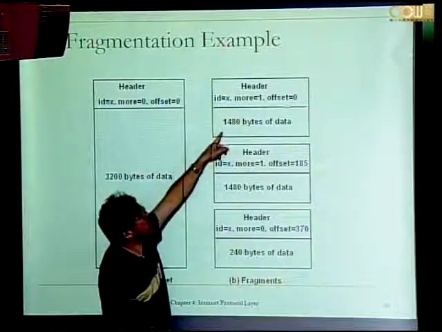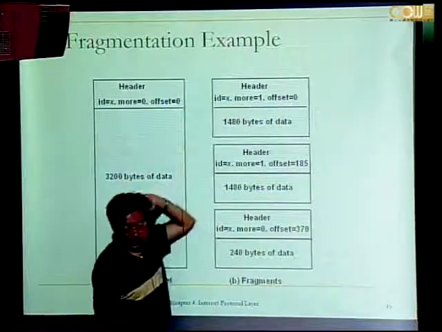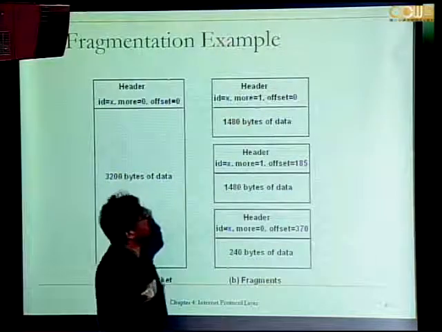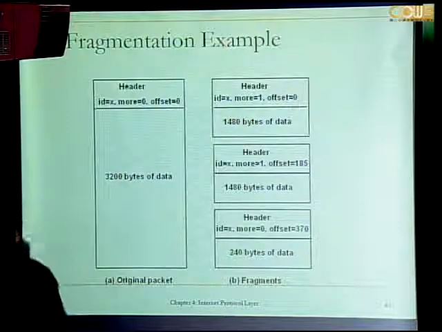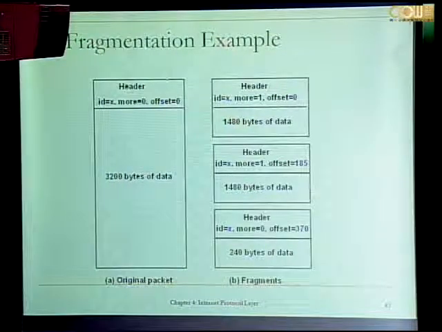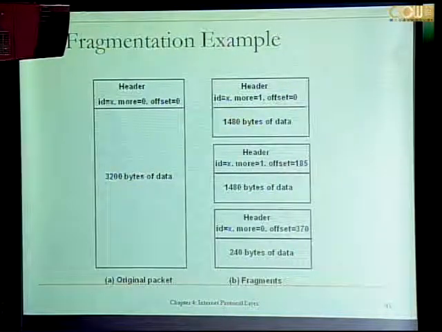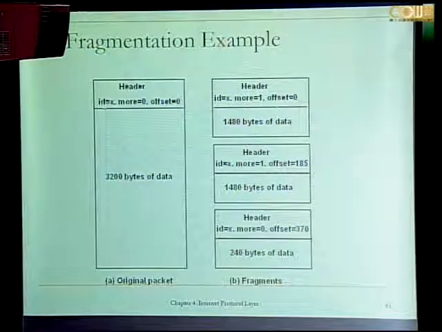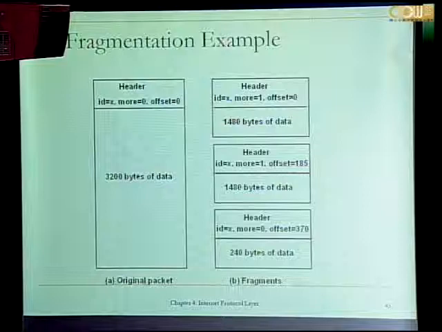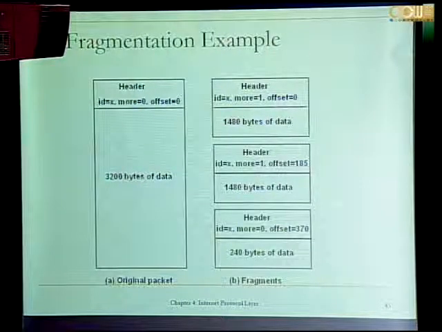In this example, the MTU is 1,500. But the fragmentation offset needs to be in units of 8 bytes, right?